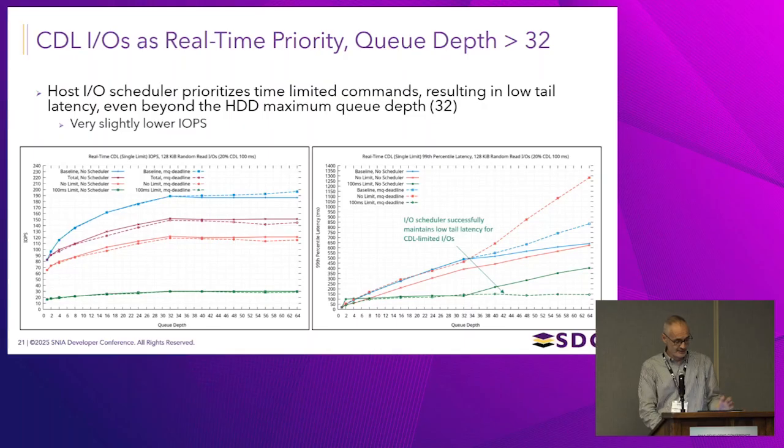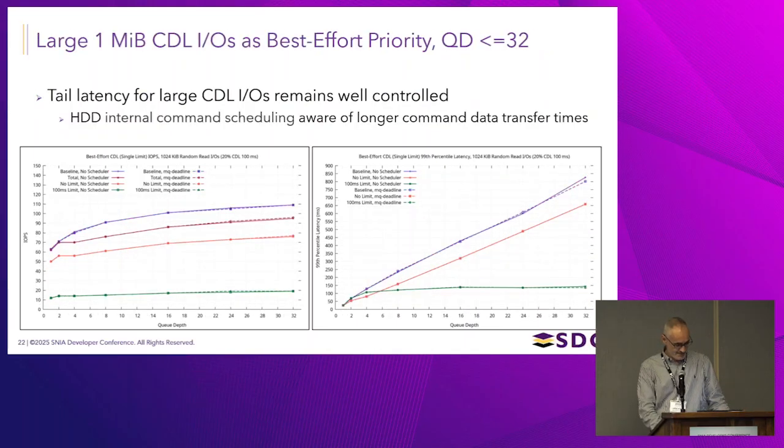So this is the basic example here of CDL. That was 128K random read. That works as well with a much larger command here, 1 megabyte. The drive adjusts its internal scheduling based on the size of the command. It's not something that is fixed for some size.